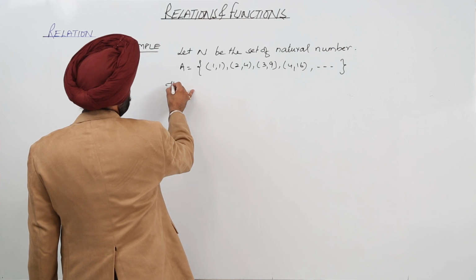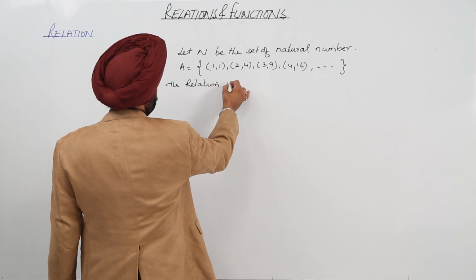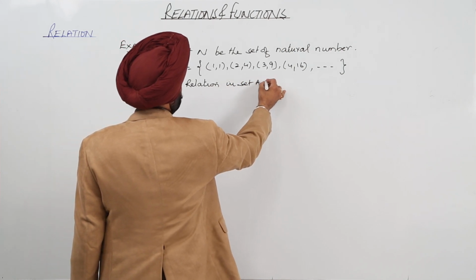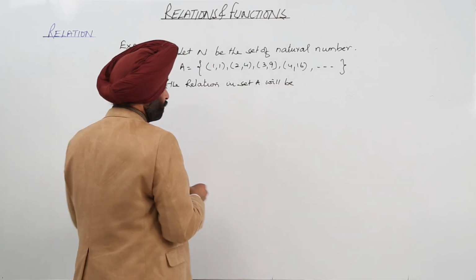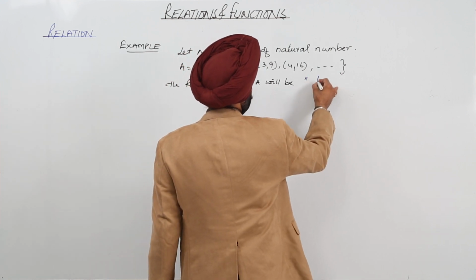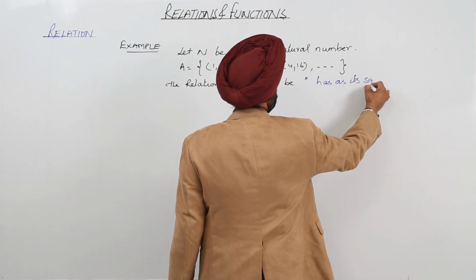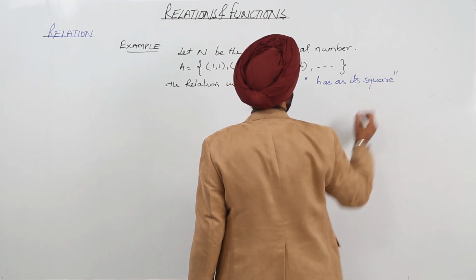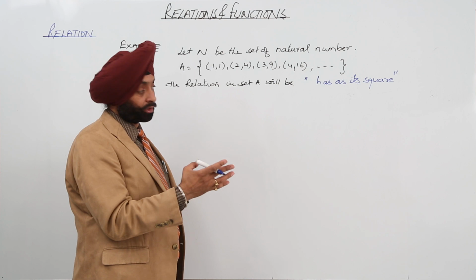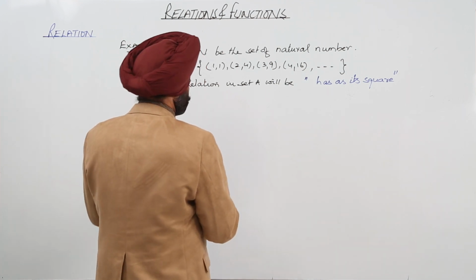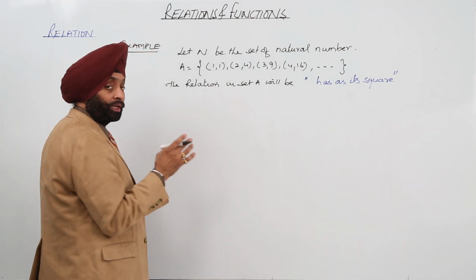The relation in set A will be "has as its square." Why have I written "has as its square"? Because we are going from the first component to the second component. The relation will be denoted by capital R.